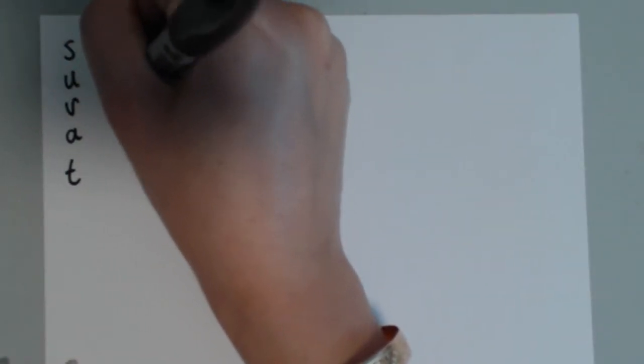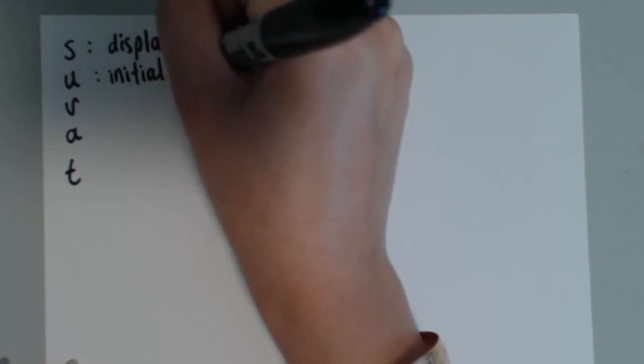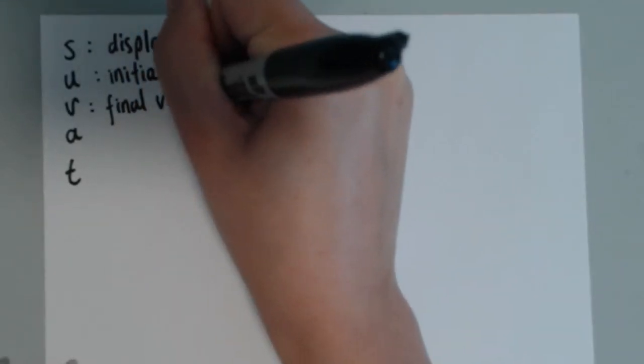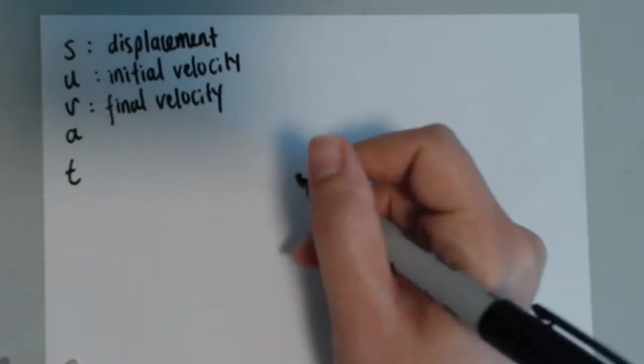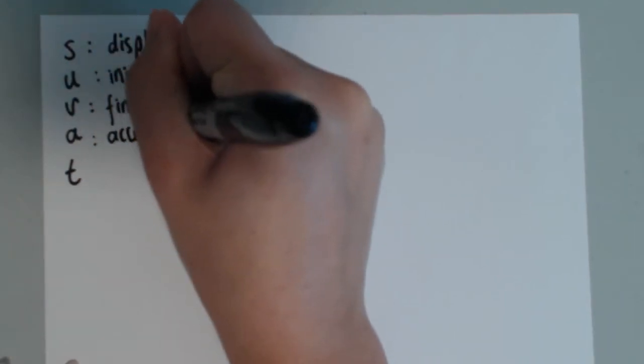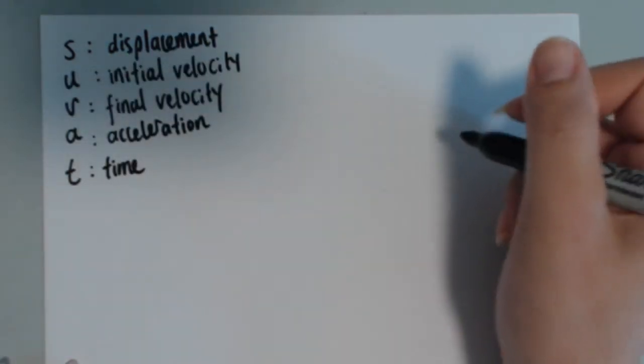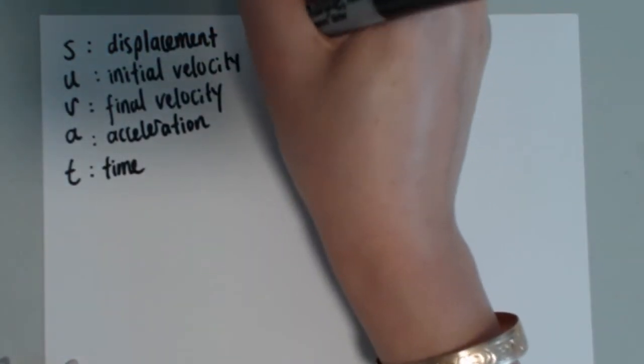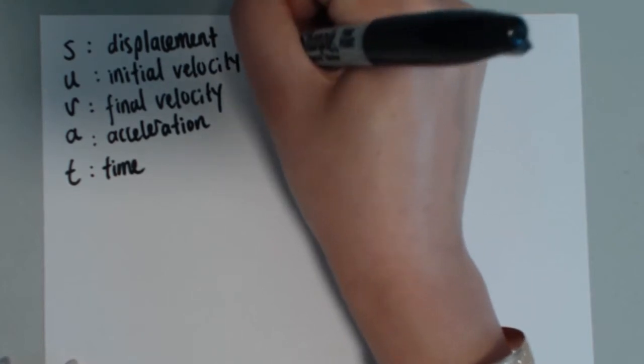U is initial velocity. V is final velocity. A is acceleration. And T is time.